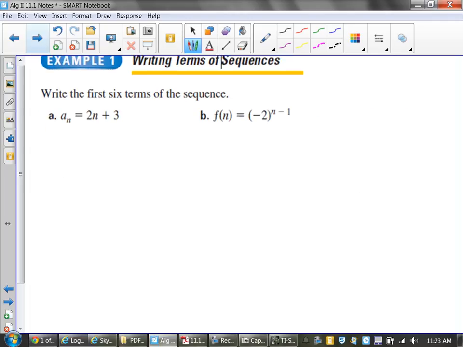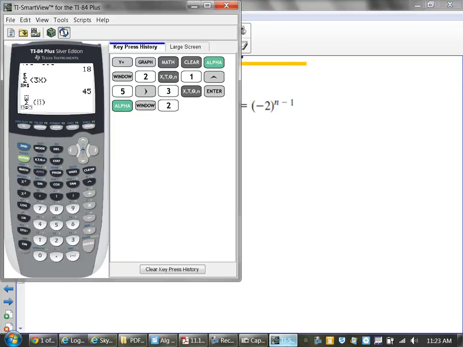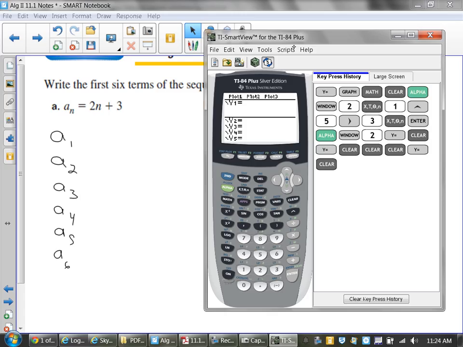Again, if I wanted to figure out what the first 6 terms are here, this is what they're going to ask you. What is a sub 1? What is a sub 2? What is a sub 3? What is a sub 4? What is a sub 5? What is a sub 6? Again, I'm looking at this in terms of making my life easier. Wouldn't want to do this by hand.